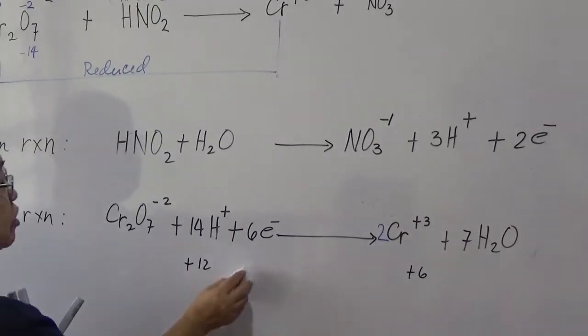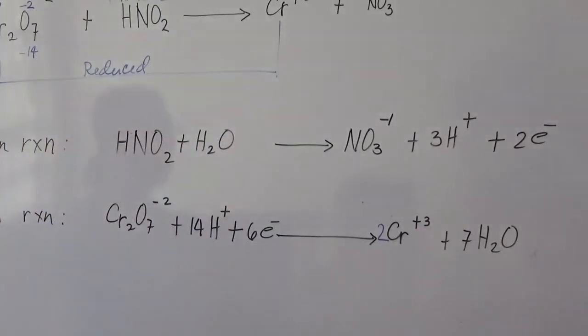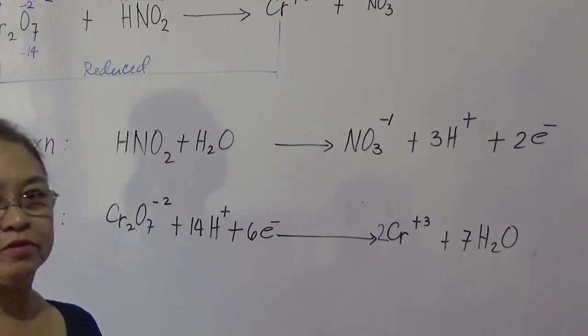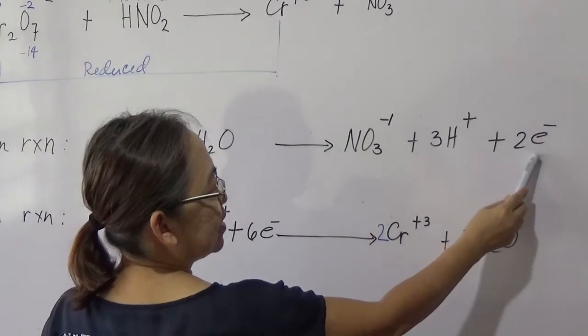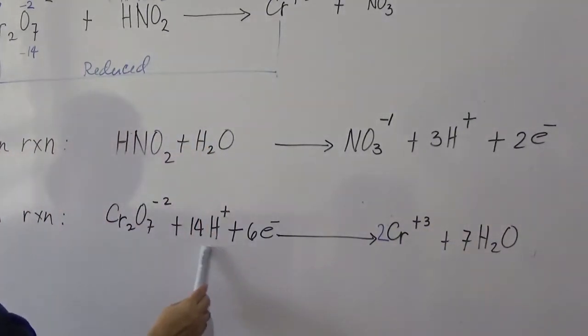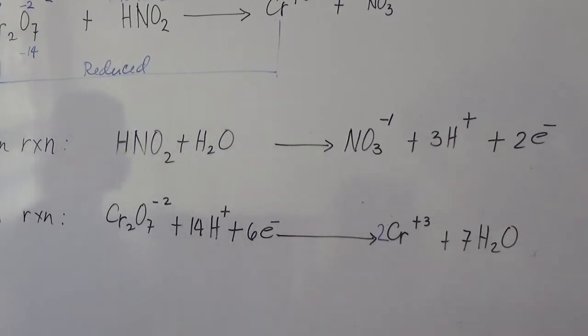Now you will add electrons only on one side of the equation. Mostly, as a rule of thumb, the electrons are usually added to where the hydrogen ion is found. So if you have noticed here, you have the hydrogen ion, so you add the electrons here. You have here the hydrogen ion, you add the electrons here. Okay, it's a rule of thumb.